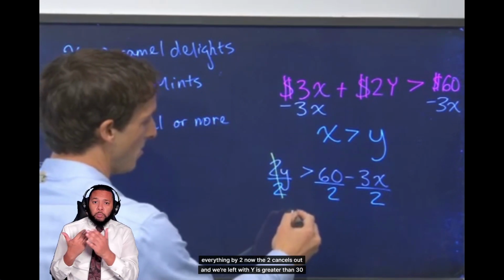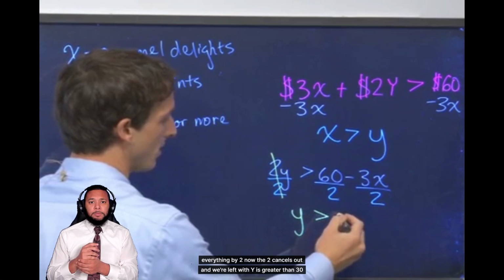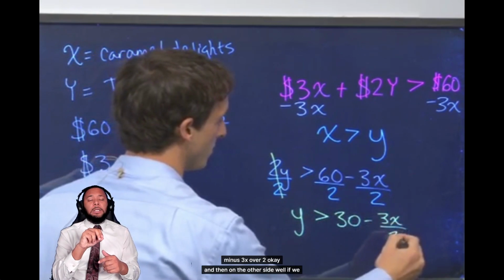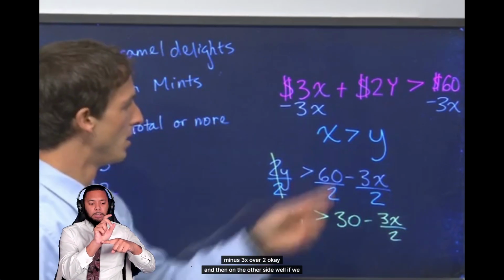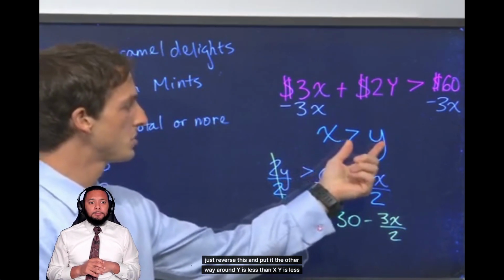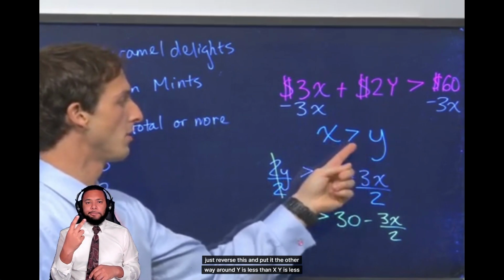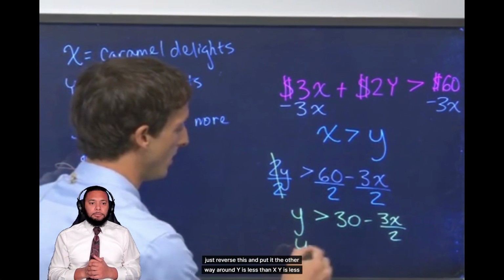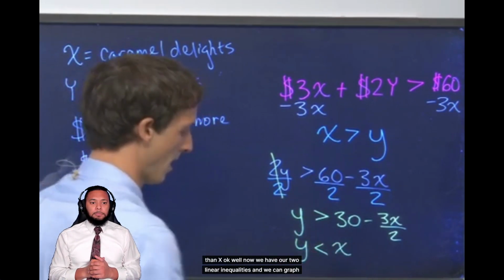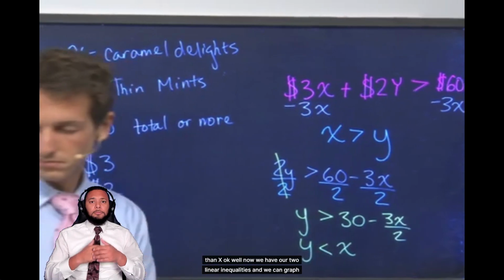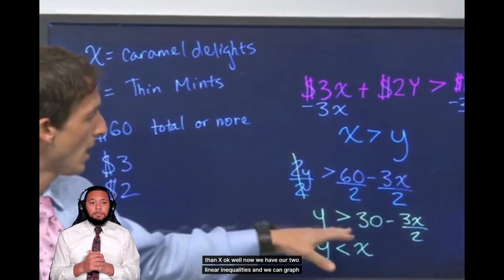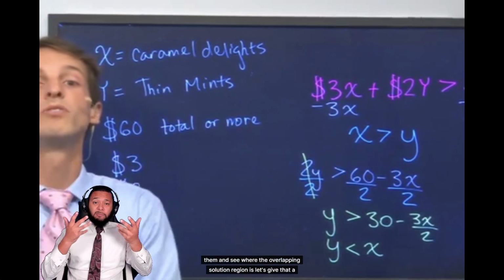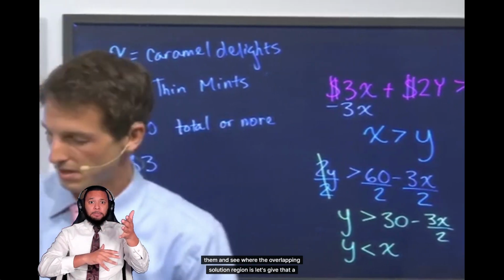Now the 2 cancels out, and we're left with y is greater than 30 minus 3x over 2. And then on the other side, if we just reverse this and put it the other way around, y is less than x. Now we have our two linear inequalities, and we can graph them and see where the overlapping solution region is. Let's give that a shot.